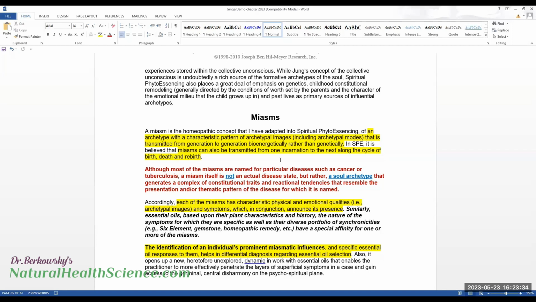And he said they were coming from diseases from the previous generation, that the mother, the father, the grandmother, grandfather, great-grandmother, and great-grandfather, whatever, had cancer or tuberculosis. In his case, he was thinking mostly the first three miasms were syphilis and gonorrhea and skin diseases of various kinds.